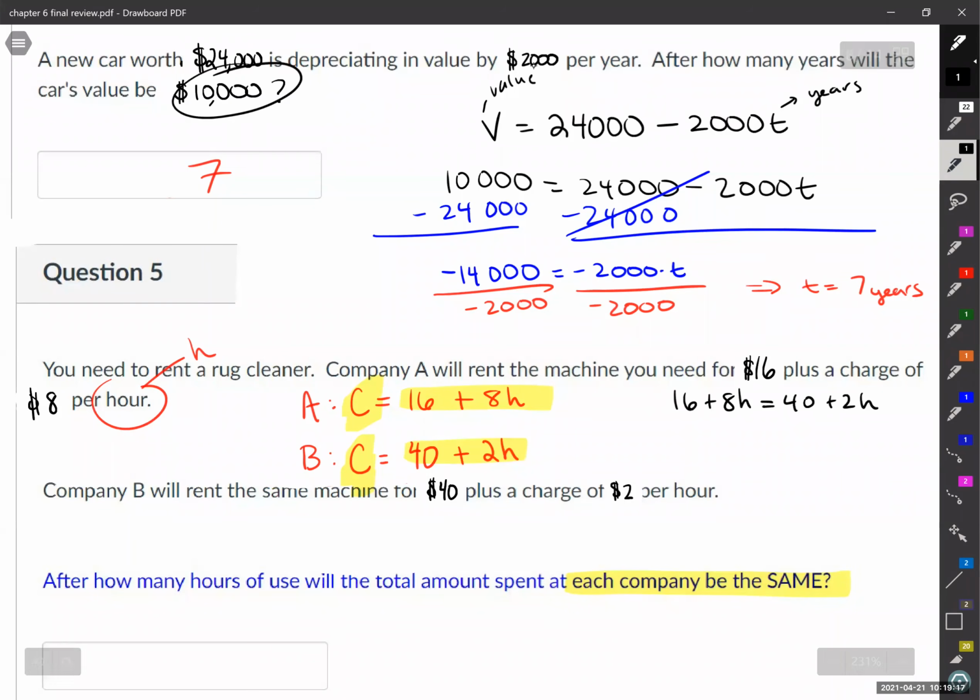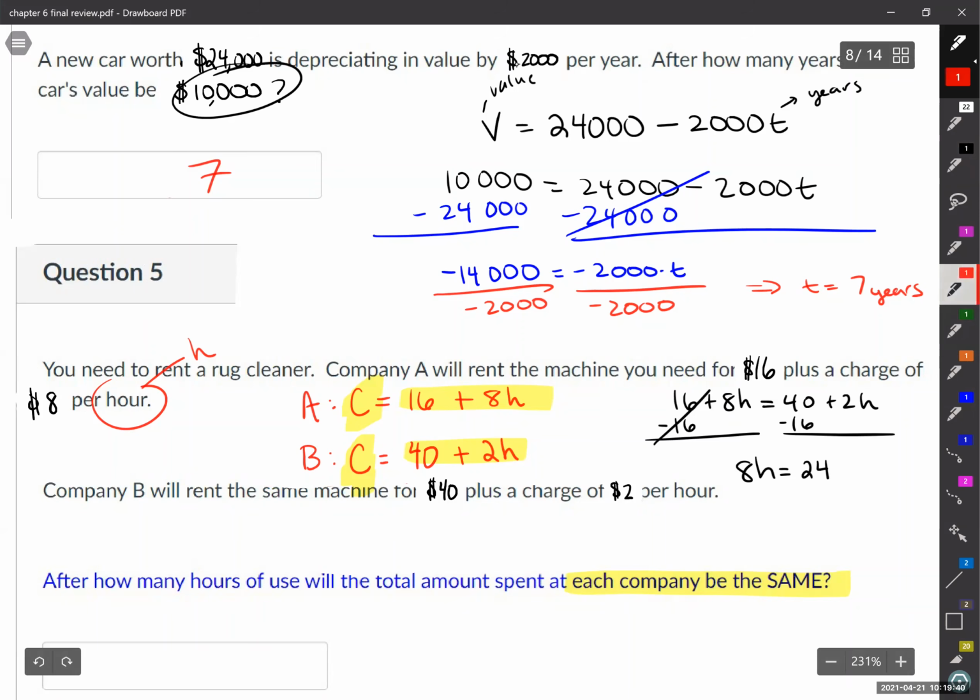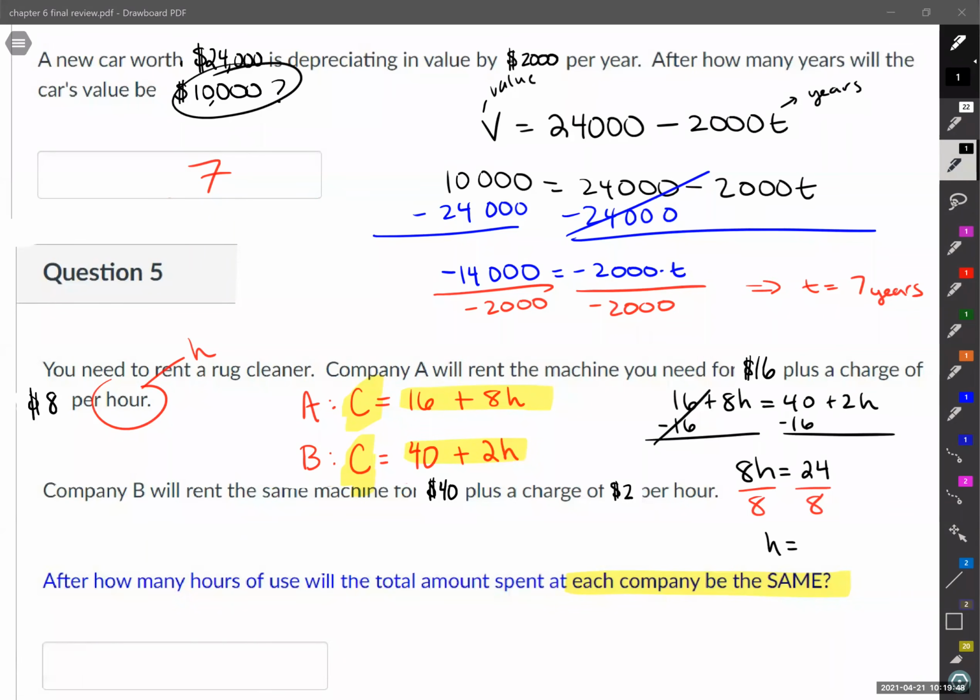And now we move the H's to one side, numbers to the other. And we get that their price would be the same after 3 hours.